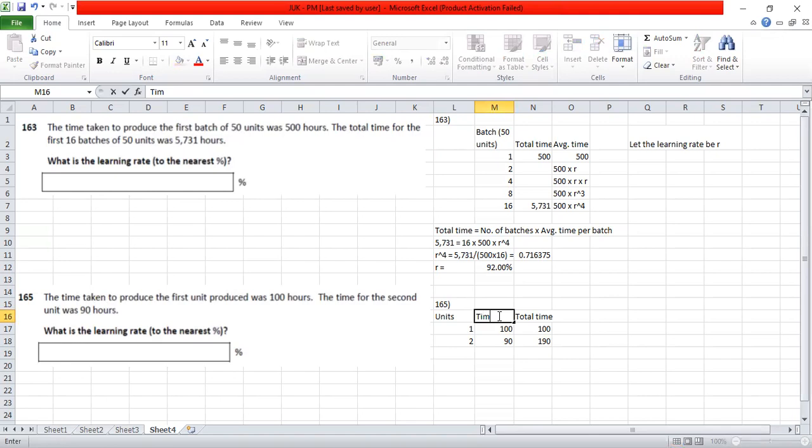This is the average time, because it's the incremental time which is given. So the average time will be, for the first, 100, and for the second, 190 divided by 2, 95.